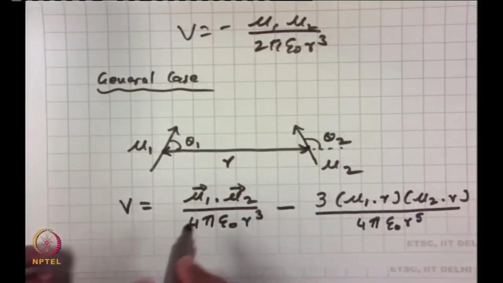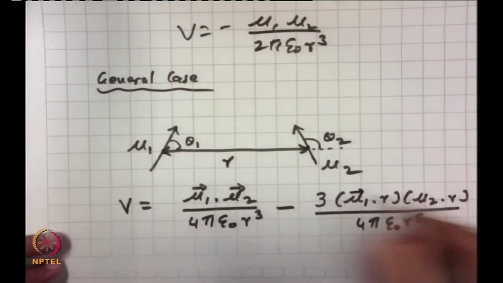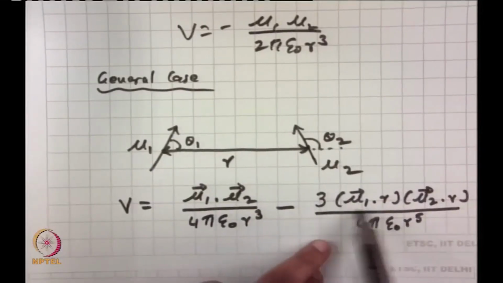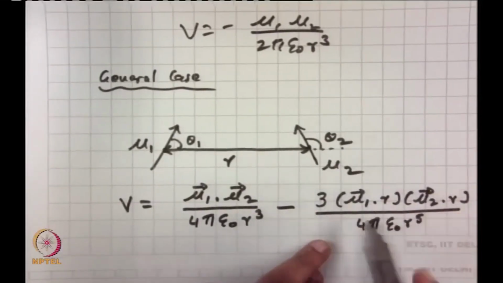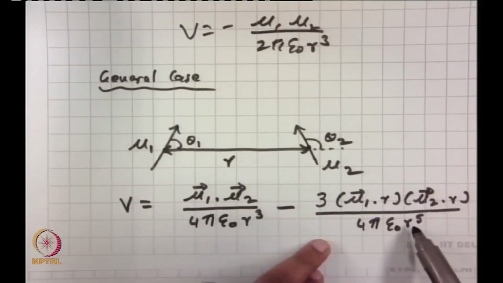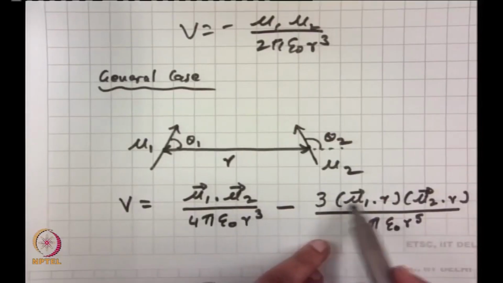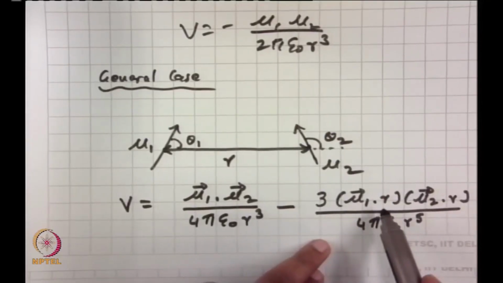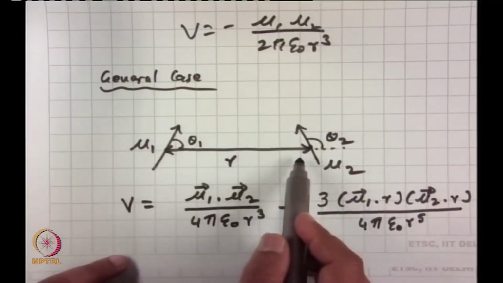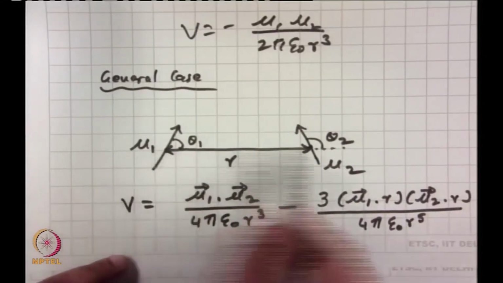Okay. So, this interaction energy can be derived, and we will not go into the derivation. Again, keep in mind the term on the right hand side, you can see you have mu 1 dot r, mu 2 dot r, and you have r to the power 5 term at the bottom. Okay. These are essentially your dot products of the dipole moments with respect to the radius vector r, which is the distance in between mu 1 and mu 2.